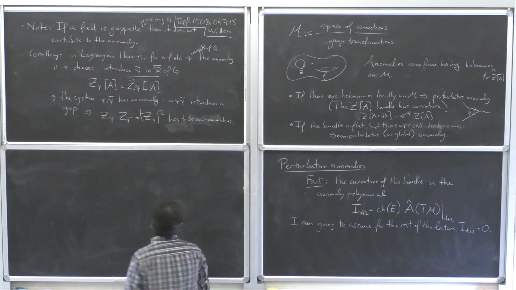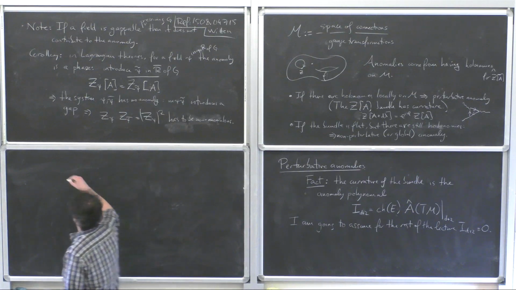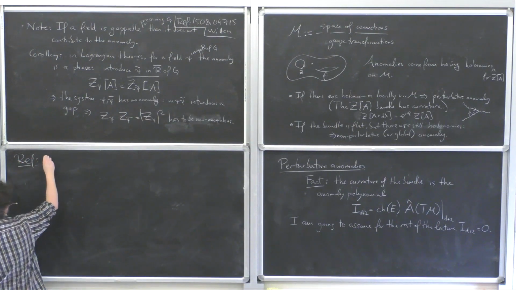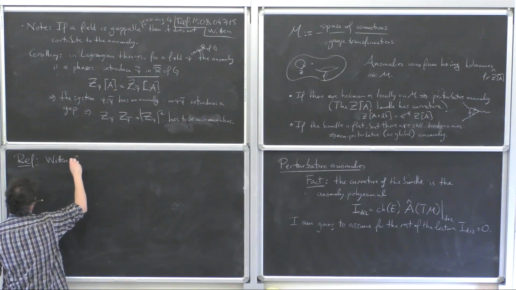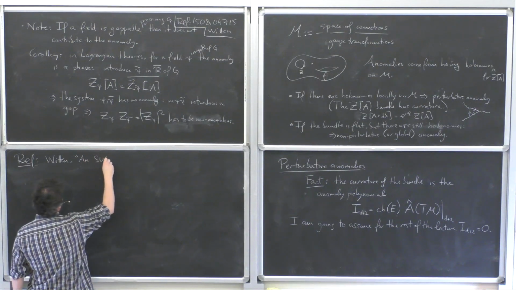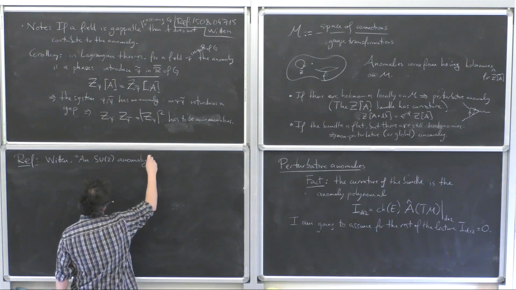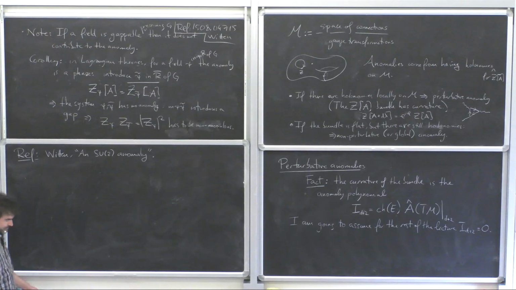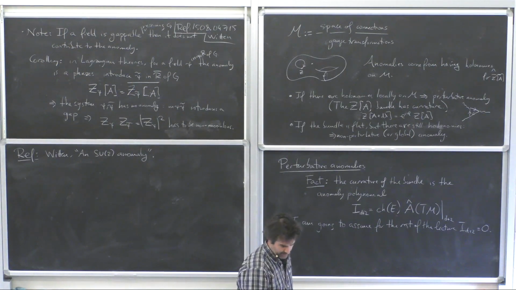So, of course, the most well-known example of this was an anomaly that Witten found. I'm just going to sketch his argument. For the details, you can go to his original paper. This is an example of a theory. Well, let me write the theory first.